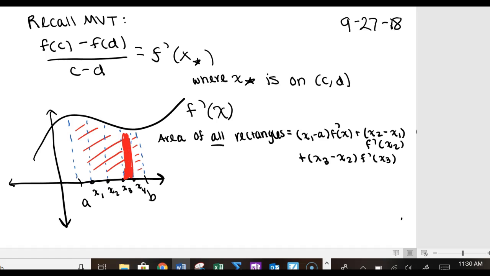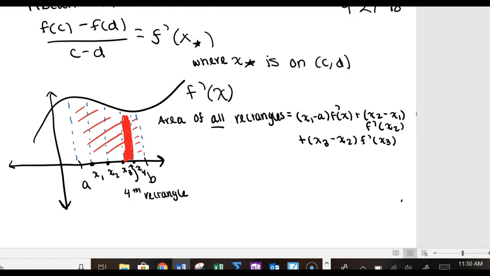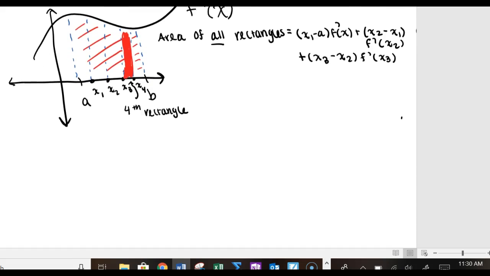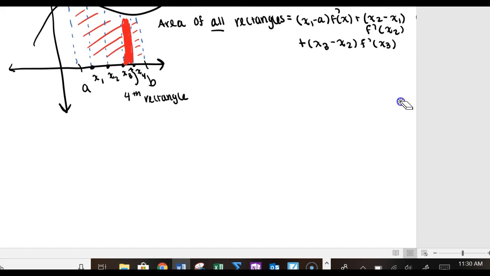Because I numbered my x coordinates this way, if n is the number of rectangles, I'm observing the pattern. x sub 1 is the right endpoint of the first rectangle. x sub 2 is the right endpoint of the second rectangle. So b I could also call the right endpoint of my nth rectangle, which is just x sub n. Fair?